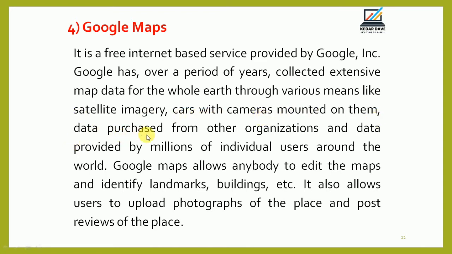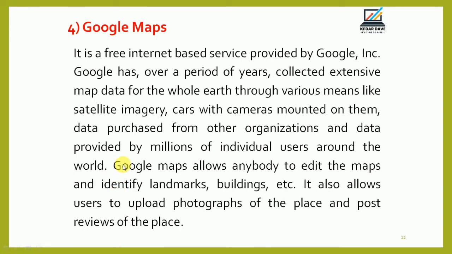After that, data is purchased from different organizations, from the state governments or the central government, and data is provided by millions of individuals like you and me, the individual users around the world. They give the data through Google Maps.